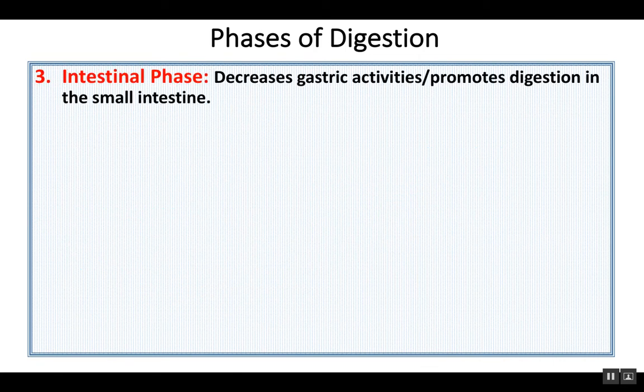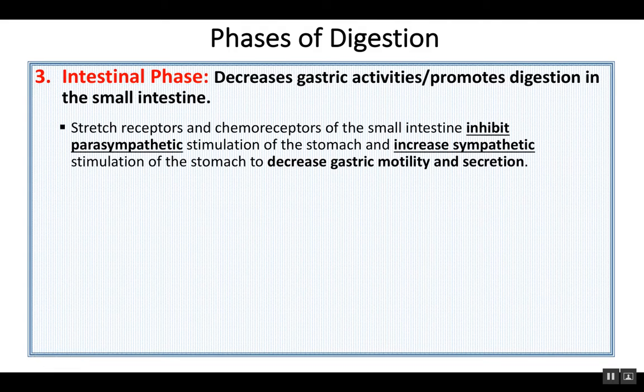The third phase is called the intestinal phase. This is the phase where we reduce the gastric activities because the stomach has emptied, but promote more activities related to the small intestine. So what happens here is you have a nervous system effect.